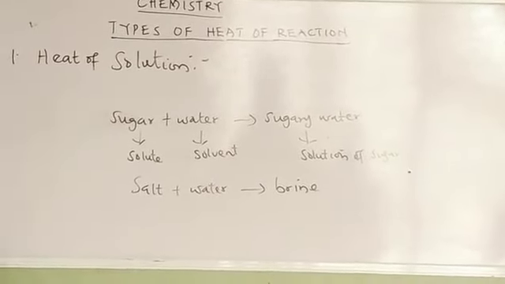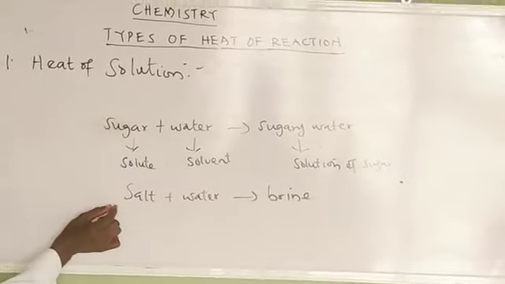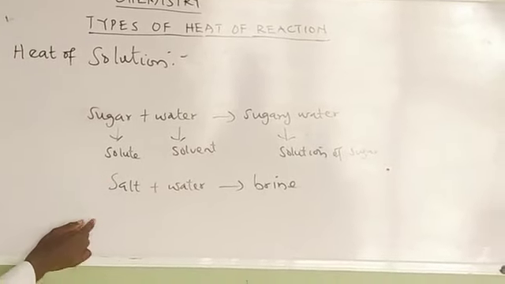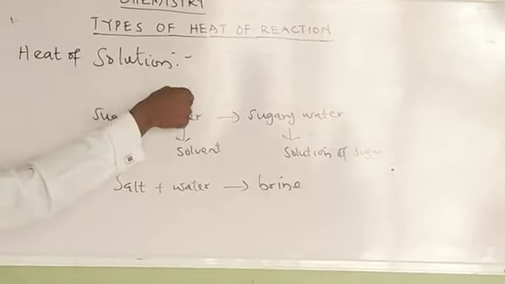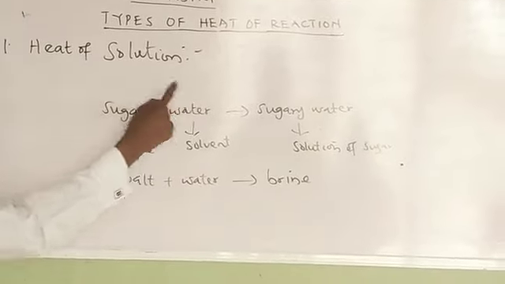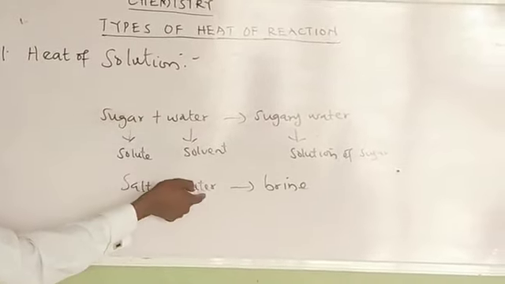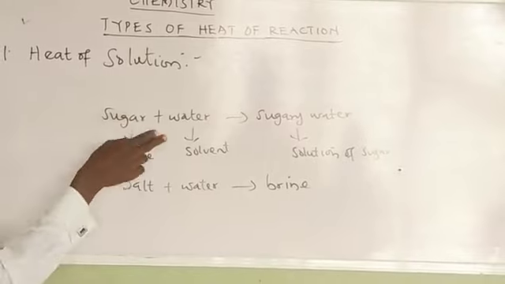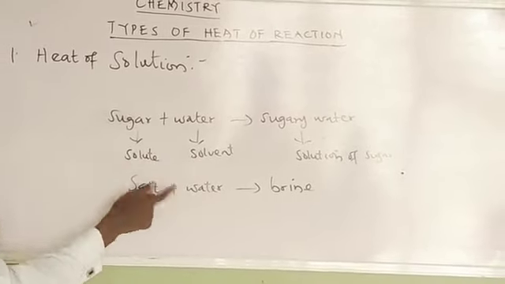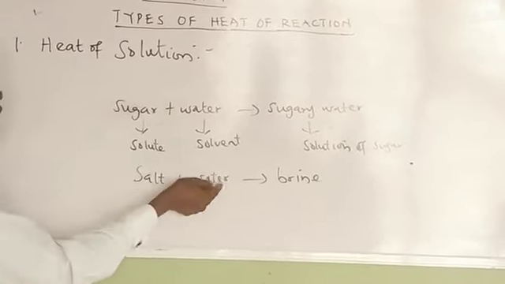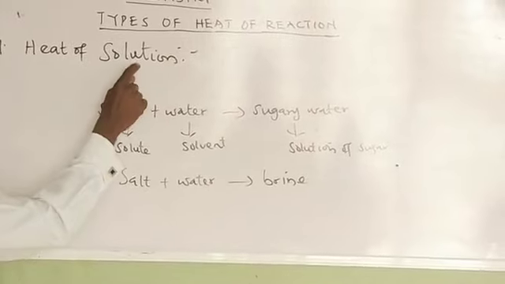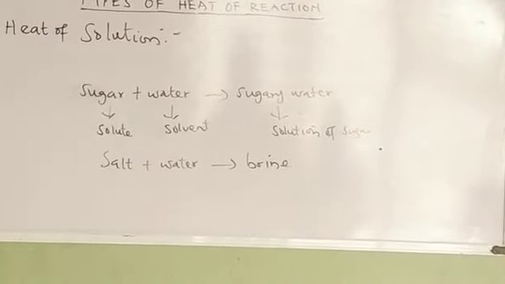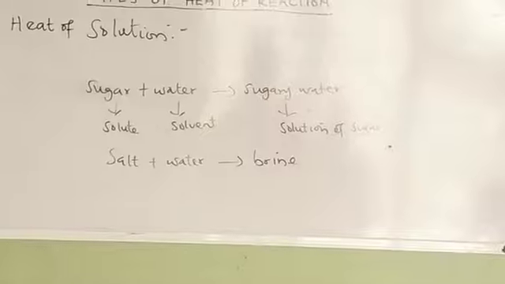Are you getting it now? Now, a certain amount of heat is needed to make sugar dissolve in water, or to make salt dissolve in water. That heat that is needed to make a solute dissolve in a solvent is what we call heat of solution. I hope that is clear now.